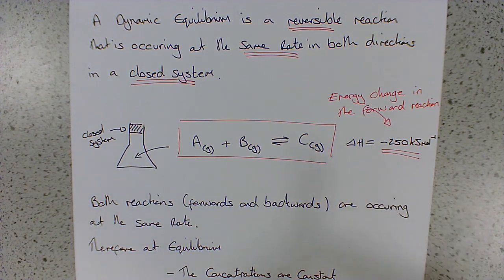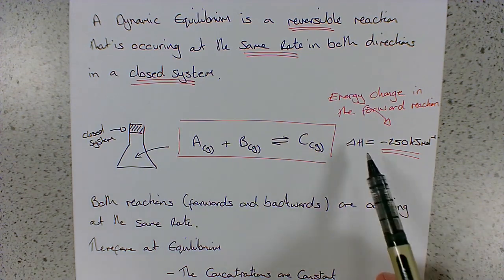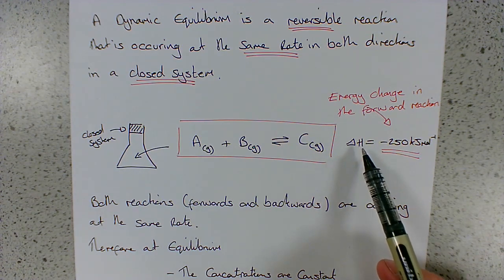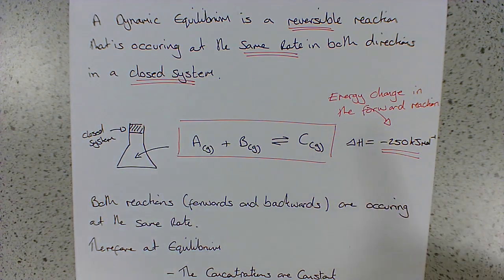The other bit of information you may or may not be given is the energy change, or sometimes known as the enthalpy change. So this will either be written as delta H for enthalpy or delta E for energy. They essentially represent the same thing. They show you the energy change of the forwards reaction only.